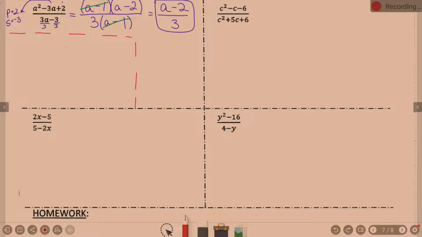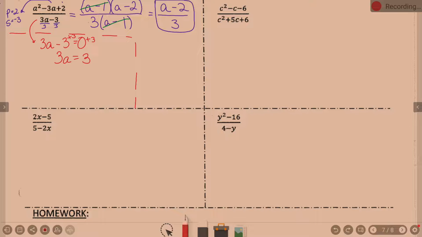Okay. How do we find excluded values? Get your denominator and put it equal to 0. Denominator equal to 0, so 3a minus 3 equals 0. Add 3. It's 3a minus 3, we do want to add 3. 0 plus 3 is 3.